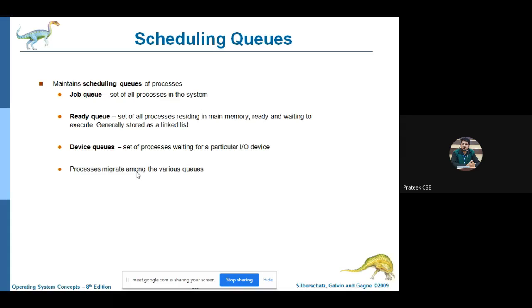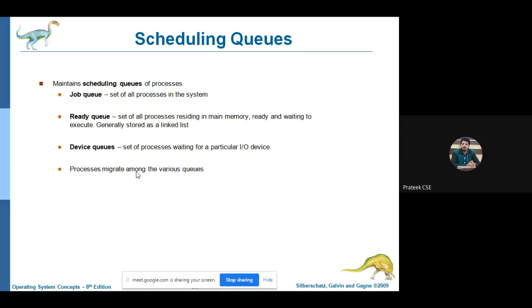A queue is basically a first in, first out data structure, and there are different varieties of queue, such as priority queue and some others. Depending upon the requirement, we have different kinds of queues in our system in which the processes reside. Mainly these queues are divided into three categories.